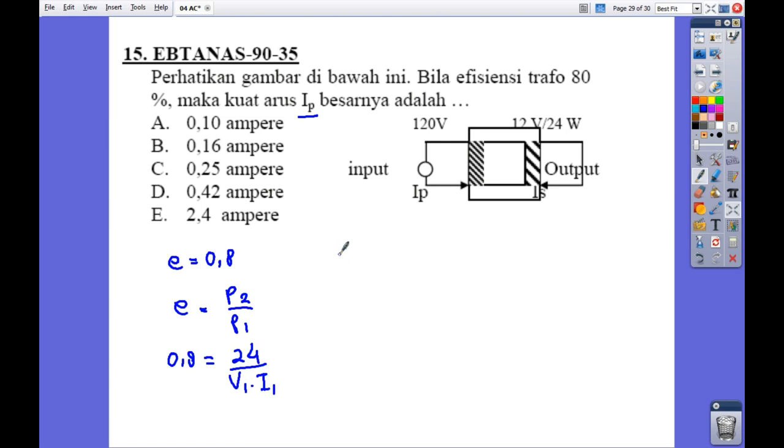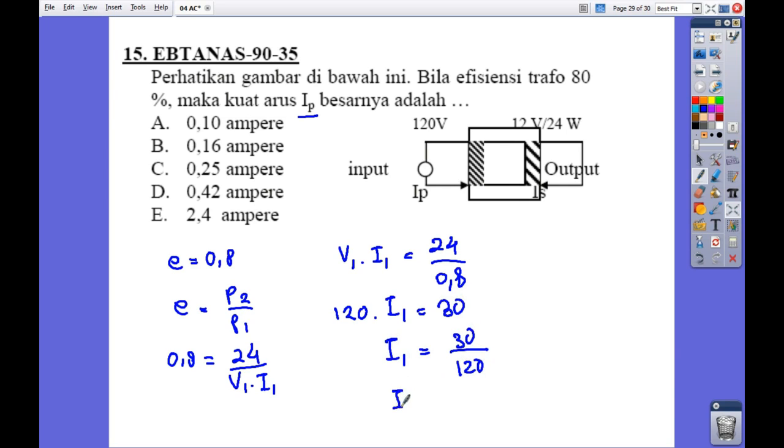So it's V1 times I1 equal to 24 over 0.8. This is 120 I1. This one 30. So I1 is actually 30 over 120, 0.25 ampere.